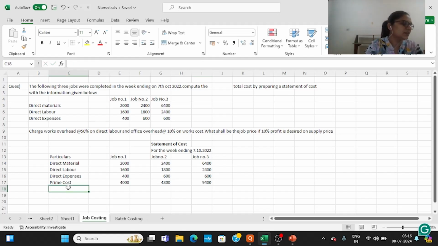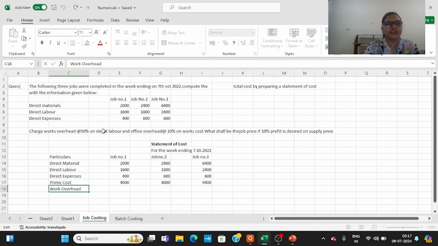Next is work overhead. As specified in the question, it is 50% on direct labor. It's a very simple calculation.